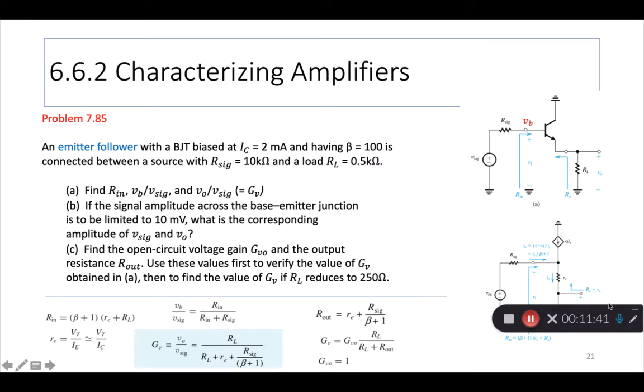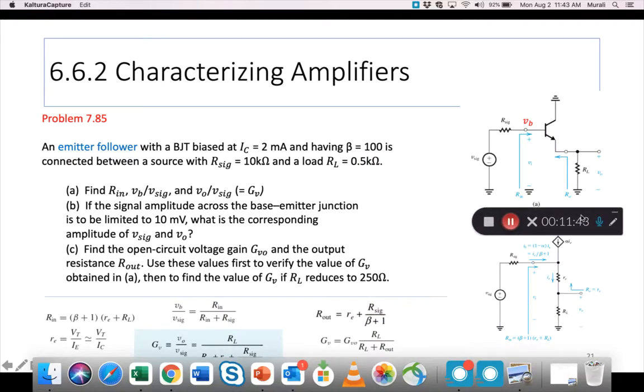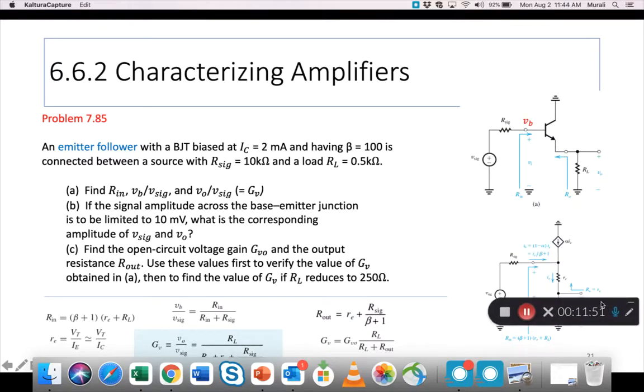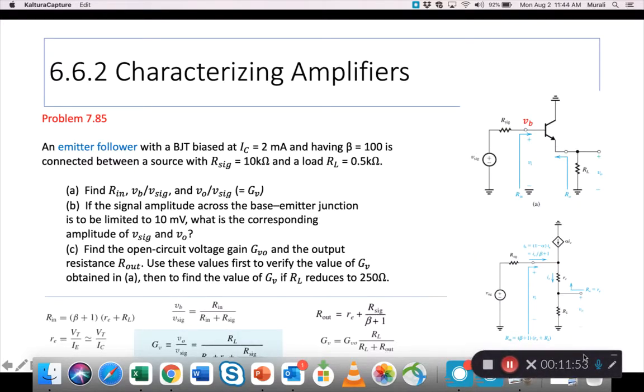All right, let's look at the first of the problems from the back of the chapter. It's a similar problem as what we have seen, except that it's from the problems in the back.